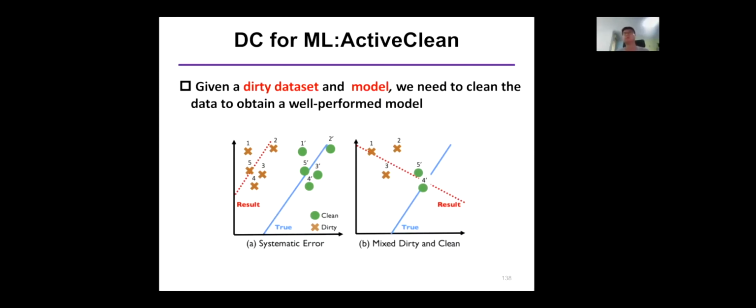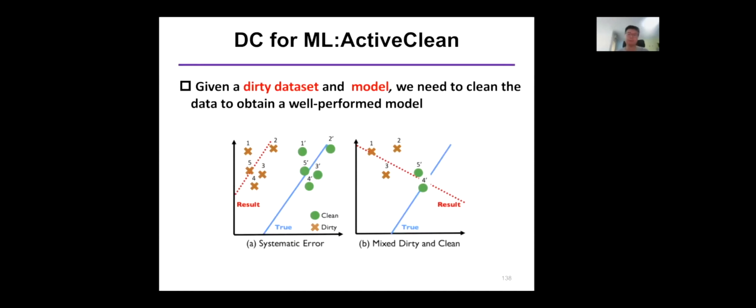The answer is no. For example, if we just clean the 4th and 5th data objects, we can see that the red line and the blue line are still very different, and the blue model cannot perform well. So we cannot leave the data uncleaned, but we also cannot just clean a part of the data.